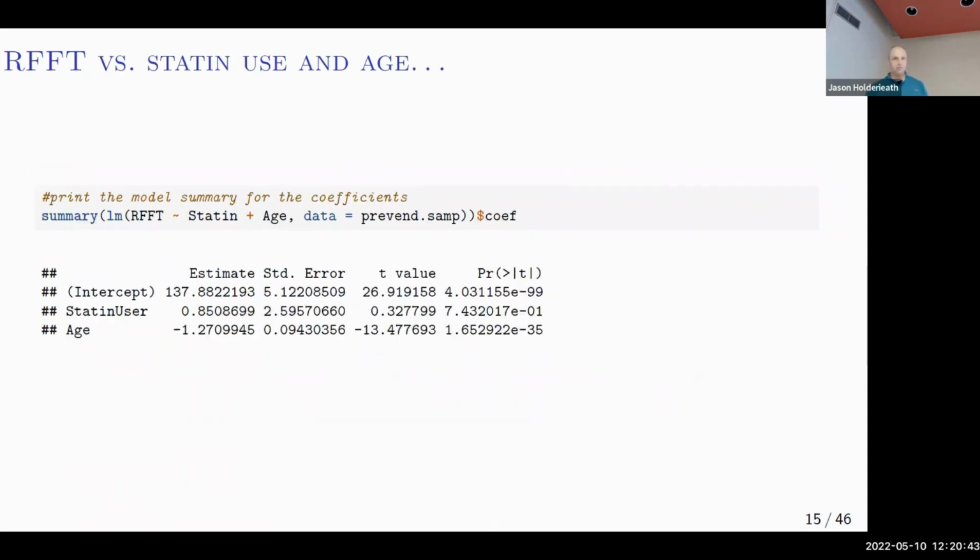Is it significant? And we know if we go through and we look at these p-values, yeah, they all are. If your alpha was 0.1, then statin user would be. Otherwise, if your alpha is 0.05, then statin user wouldn't be.